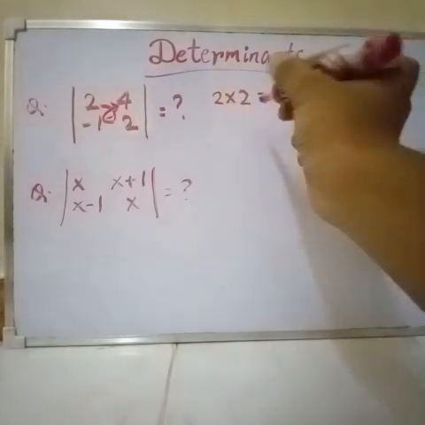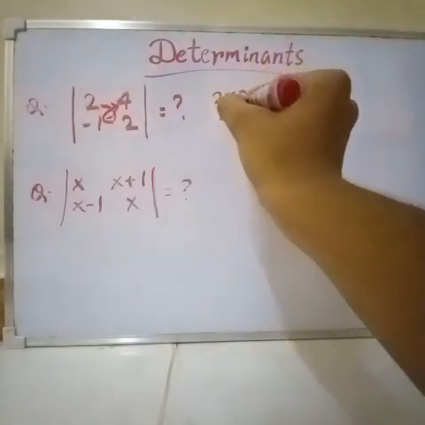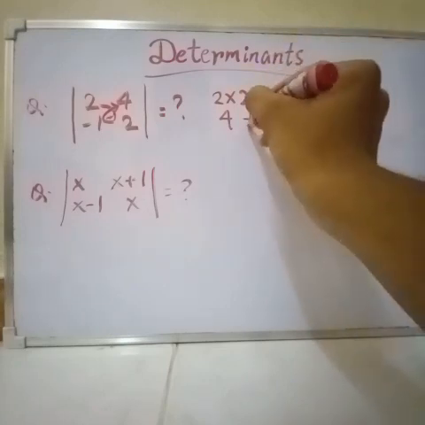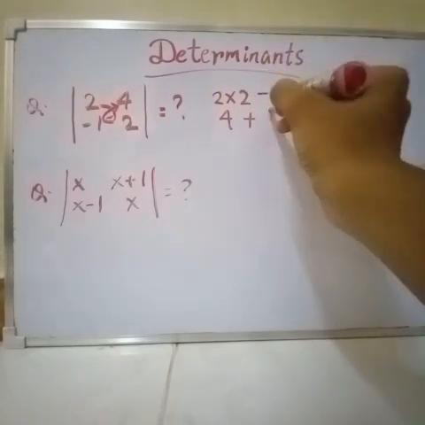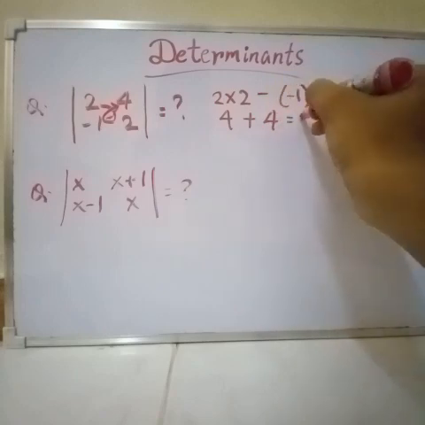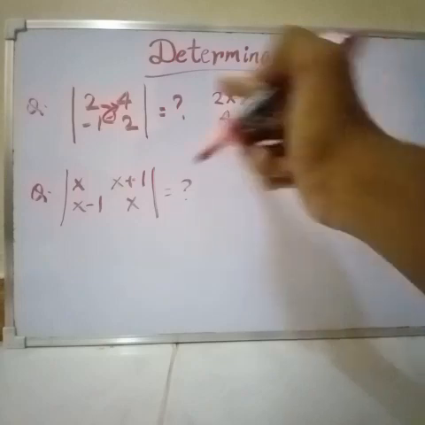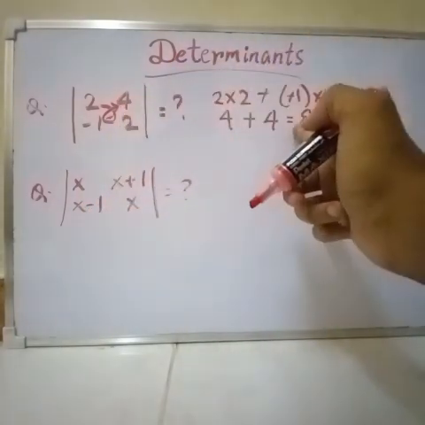Now do the multiplication. 2 times 2 would be 4, and minus minus would be plus, so plus 4 times 1 would be 4, and it would be 8. So the determinant of this matrix is 8.